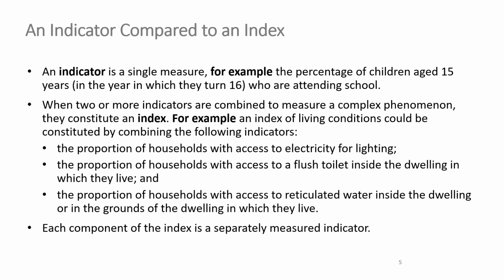Okay, so sometimes an indicator is not enough, as per our school example, and we might want to have an index of indicators. So an index is where two or more indicators are combined to measure a specific phenomenon.